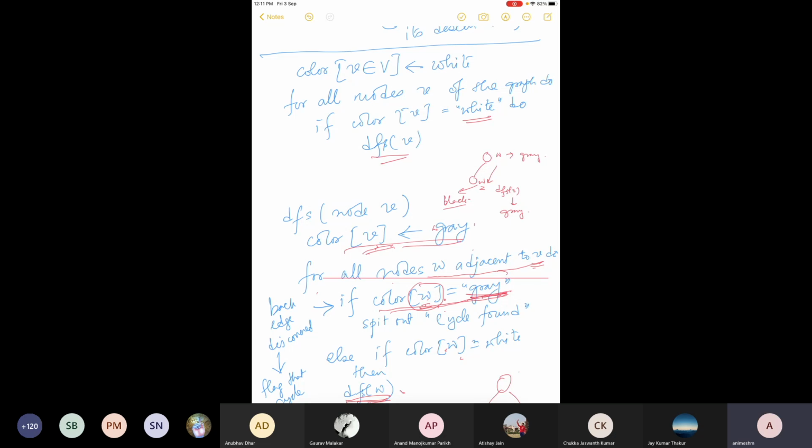W is adjacent to V. Also, sir, if we mention that it is not gray, it will immediately become an infinite loop. And V is not already gray. This should work.